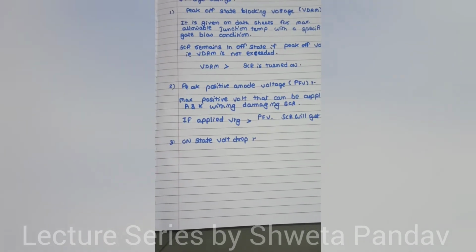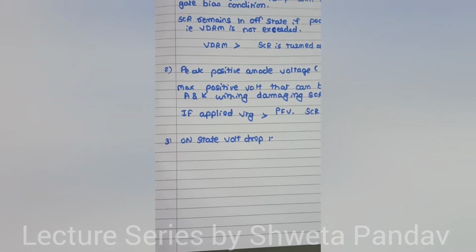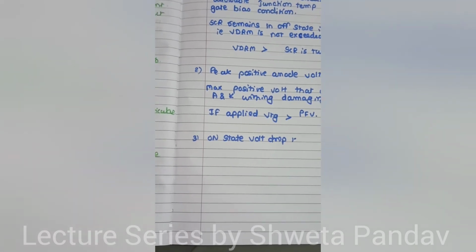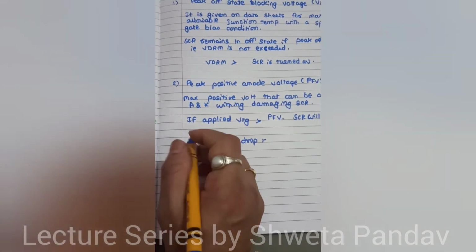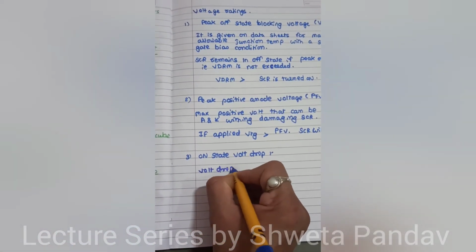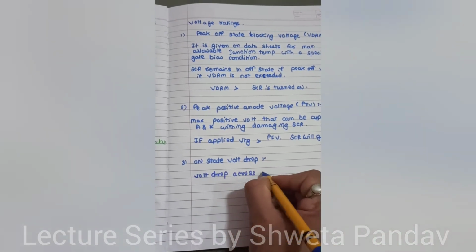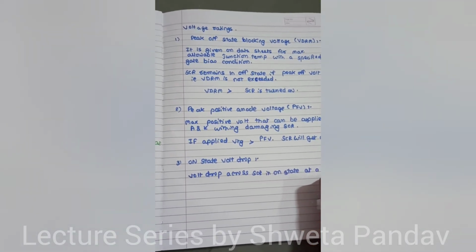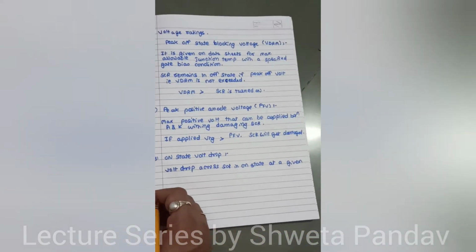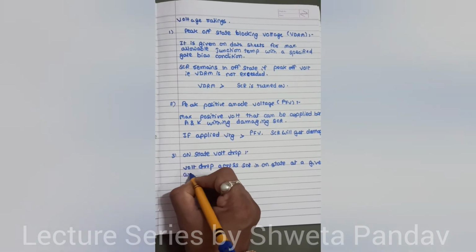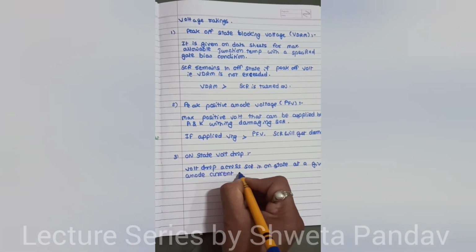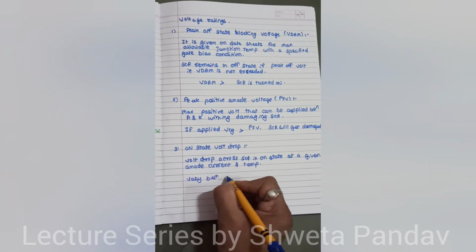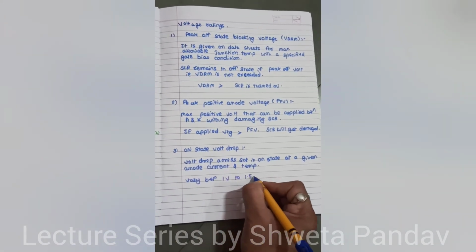It is the voltage drop across the SCR in the on state at a given anode current and temperature, and it may vary between 1 volt to 1.5 volt.